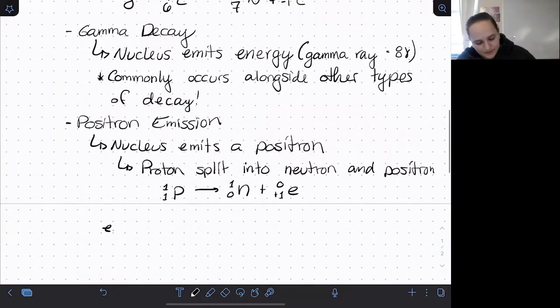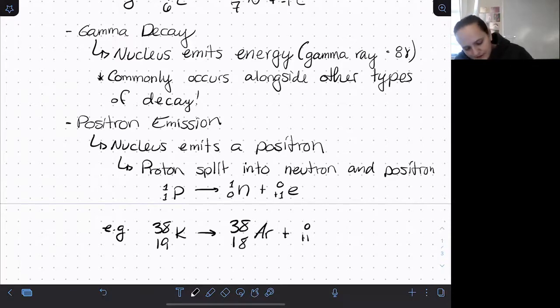So an example of this type of decay is potassium-38 undergoes positron emission to form argon-38, ejecting a positron in the process. So we can see here that our mass isn't changing because the positron doesn't have a significant mass, and our atomic number is going down by 1 in this case, because we've taken a proton and we've turned it into a neutron, so we're decreasing the atomic number.